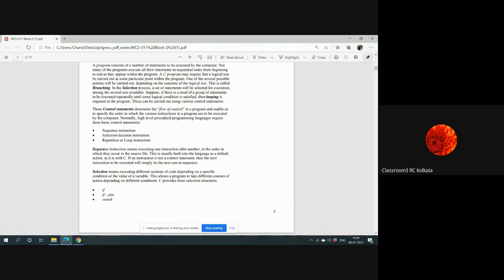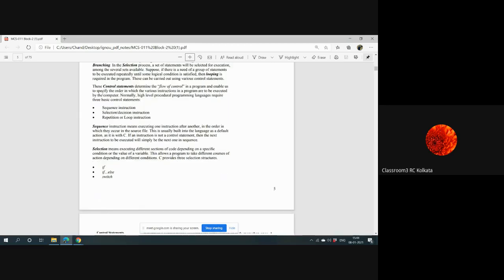I told you only if and else branching. If means the condition is positive, else means the condition is negative. But not only binary branching, meaning only yes or no, is supported; multiple branches are supported, as you can see from the programs.